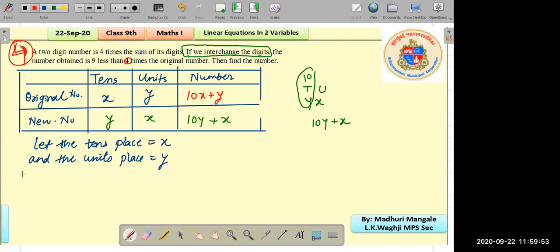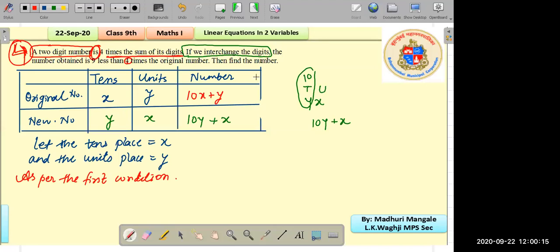And now we look at the condition. So we start with the first condition. As per the first condition, we are given that a two-digit number is 4 times the sum of its digits.